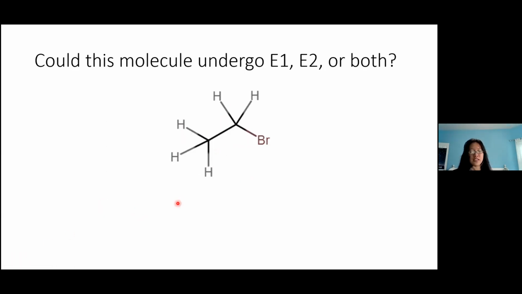Looking at this molecule, let's see what's going on here. I've drawn out all the hydrogens just so it's clear. This carbon over here is going to be our alpha carbon because it's directly connected to a leaving group. In this case, there is a beta carbon. So could this molecule undergo E1 or E2? Once again, look at that alpha carbon.